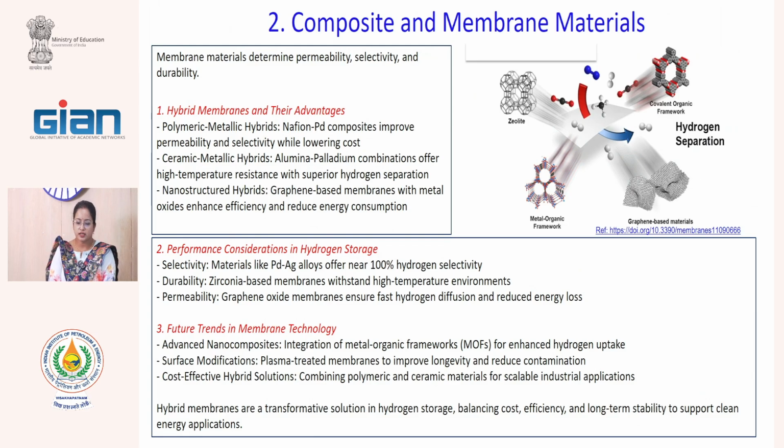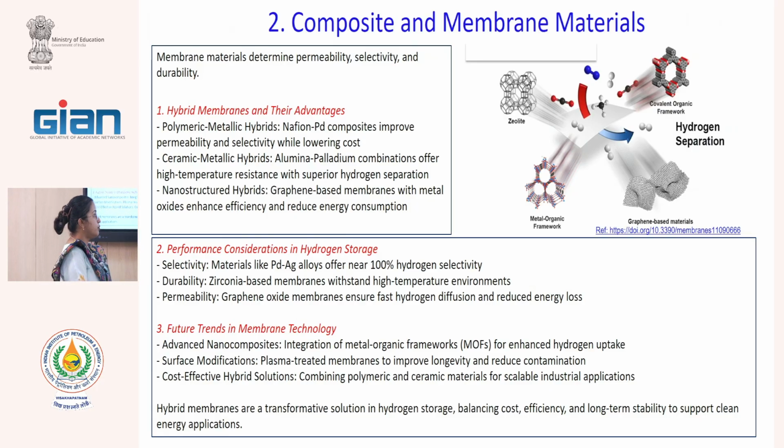Now, in the composite materials, as I was telling, we have options like zeolite, metal organic framework or covalent organic framework. They can be nanostructured. Zeolite is one of the very popular options for storage of hydrogen.